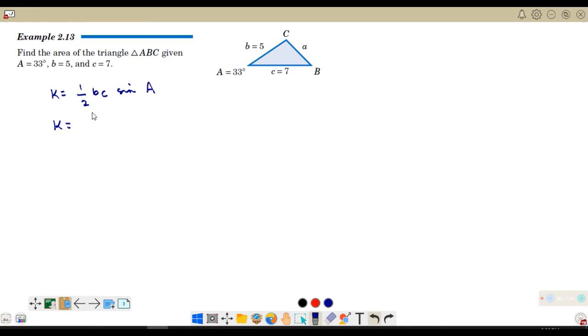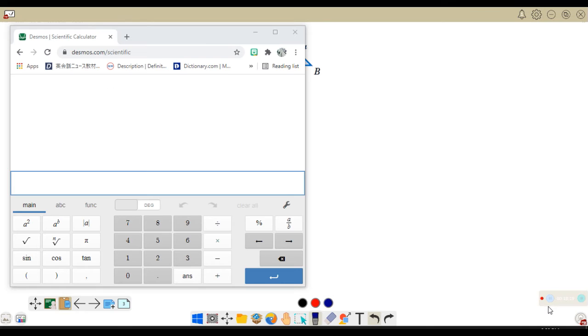For the area, it is 1/2 times 5 times 7 times sine 33 degrees. Okay. Ready ko yung Desmos calculator natin and then we are going to compute. Okay.